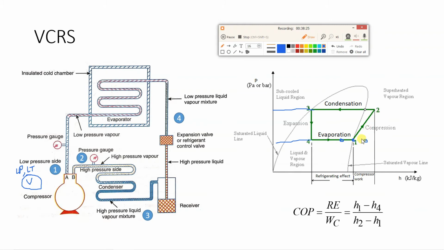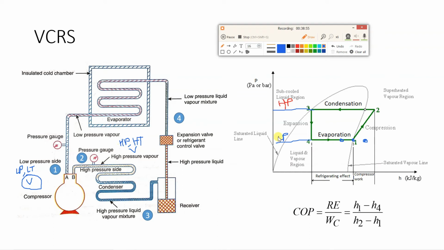So the 1 to 2 process is isentropic compression, and after the compression we have high pressure, high temperature vapor. Here you can see this is HP, high pressure, and this one is low pressure. So points 1 and 4 are at low pressure and points 2 and 3 are at high pressure.